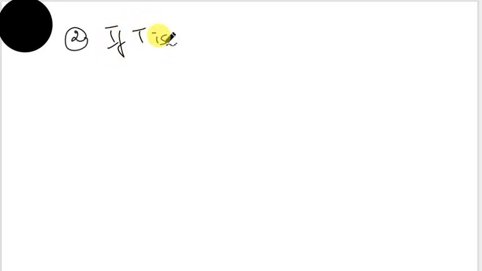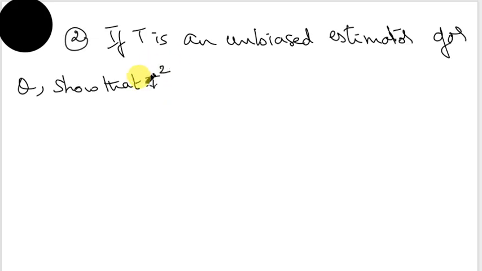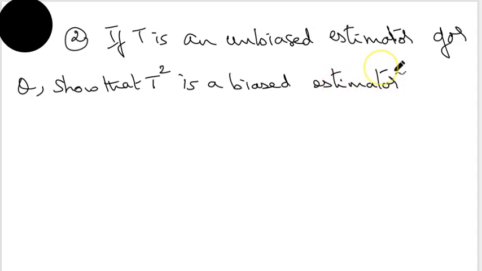If T is an unbiased estimator for theta, show that T squared is a biased estimator for theta squared.